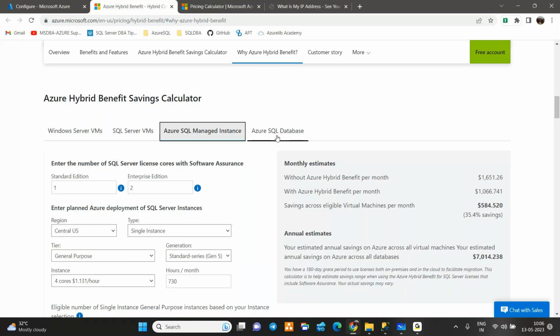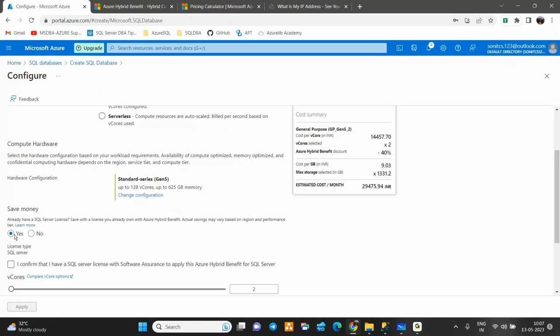So you can convert instead of wasting your license on premises. You can use those licenses in cloud as well. How? You just need to choose yes and choose the license.